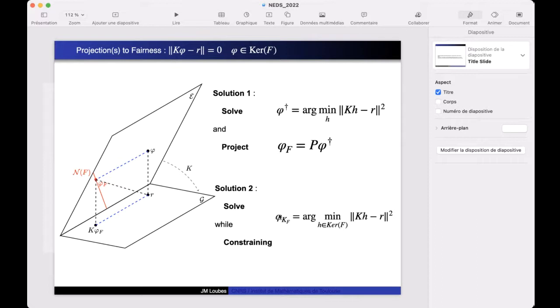So it plays as if we first enforce fairness and then solve the regularization issue.